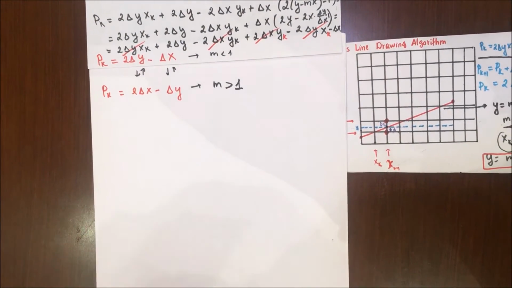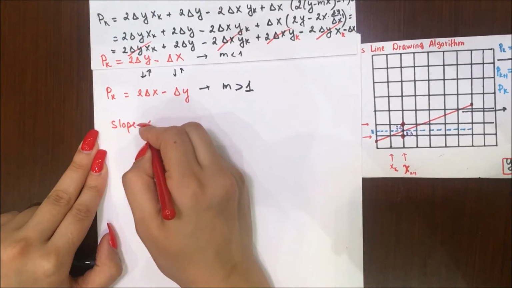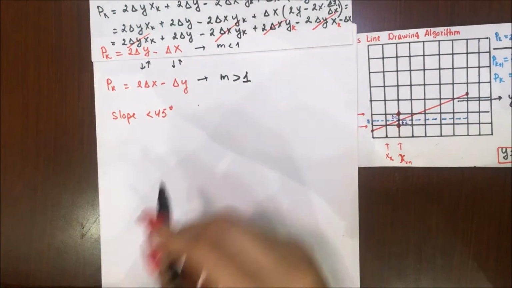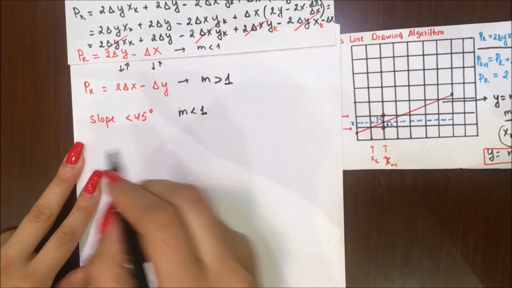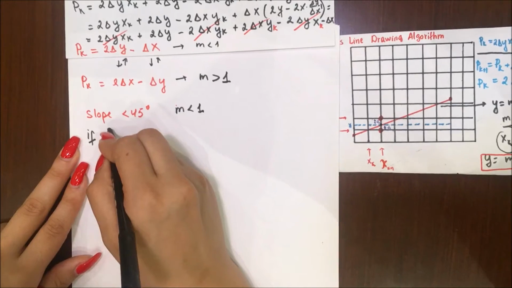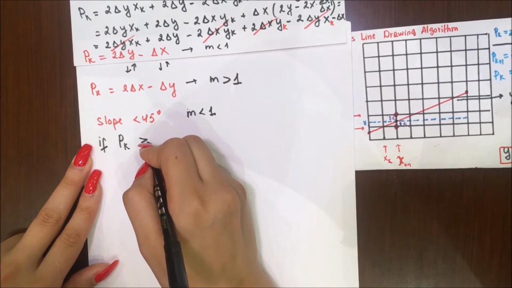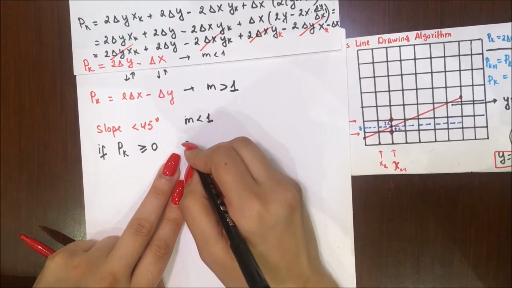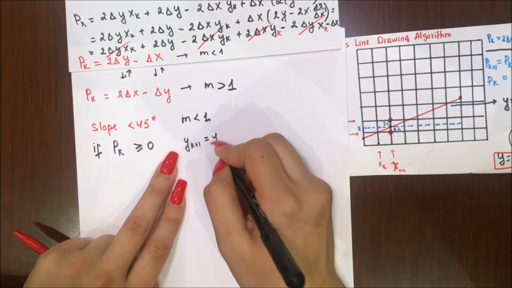Now let's see our conditions. First of all, let's see what happens when slope is less than 1. We know that when slope is less than 1, the next coordinate of x will be xk plus 1. So computer should decide y coordinate in this case. If pk, decision parameter, is more than and equal 0, then the next coordinate of y will be yk plus 1.